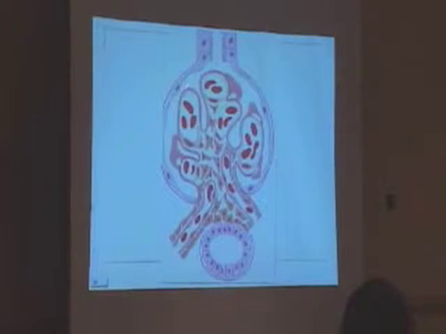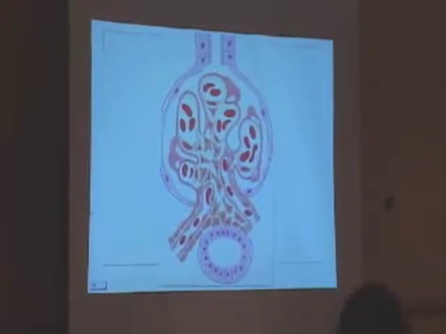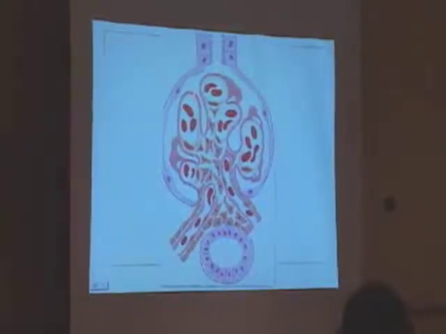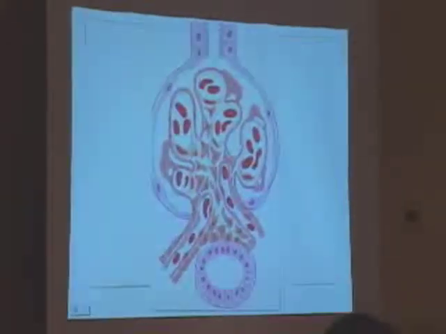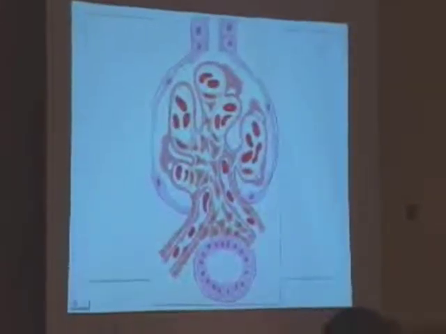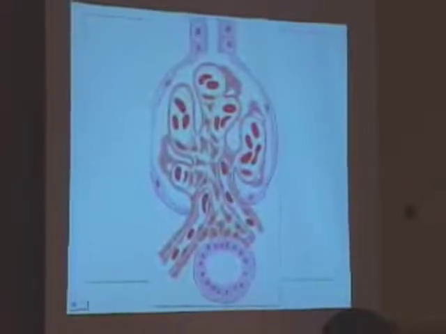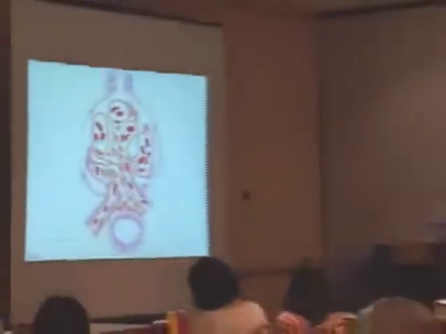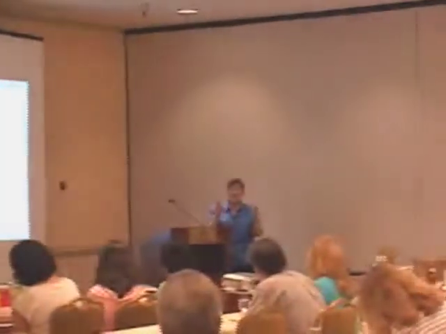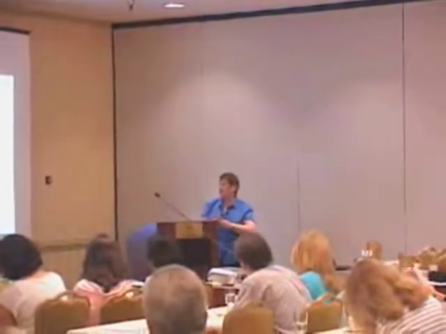So this is fusion of the foot processes. Those spiky things are the foot processes of the podocytes. And it is having a lot of protein in the urine that fuses these foot processes. So when we're talking about biopsy changes and you hear fusion of the foot processes, that's a non-specific finding that just goes along with having a lot of protein in the urine.